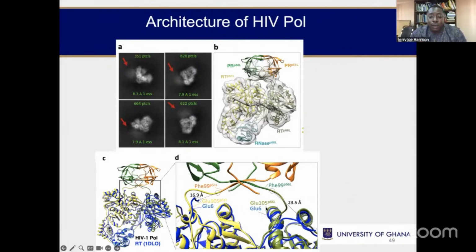So we were convinced that this is absolutely the right configuration, and the C-termini of the protease will be coming off of there, and whatever additional things go down through there. We're very excited that this clearly tells us that the protease is going to dimerize, yes, but the RT also is in the heterodimer form.